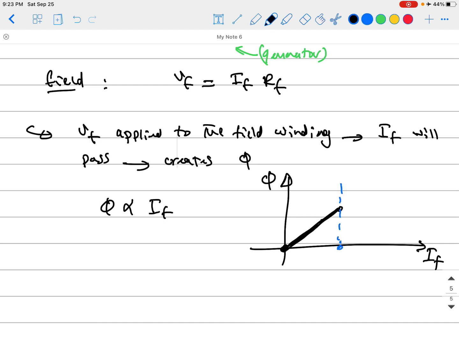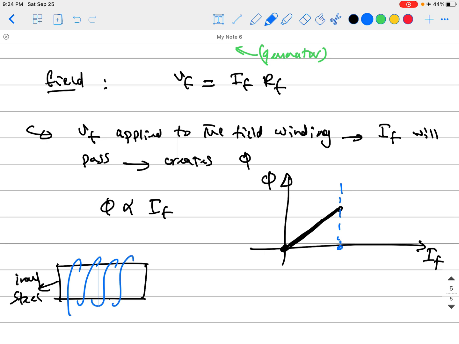The whole point, guys, is that if you have a piece of iron or steel, which we make our cores of, and we strap the coil around it like this, and you have IF moving through this, that's typically the case. While you increase this amount of current, the field created from this will start increasing, so you will have flux lines like this inside this core, iron or steel.